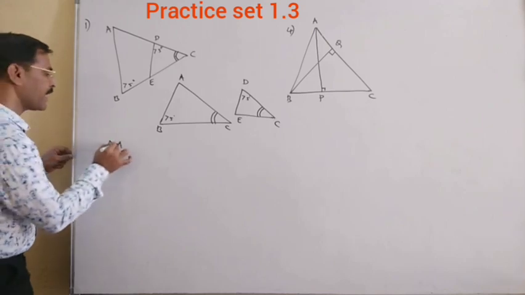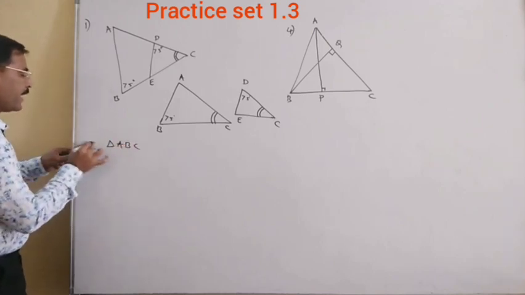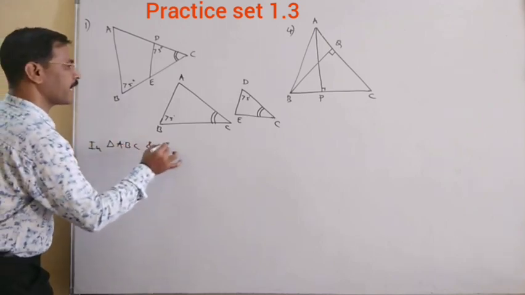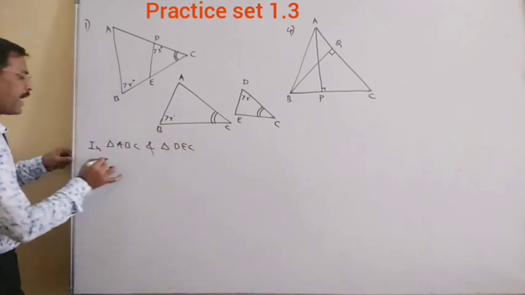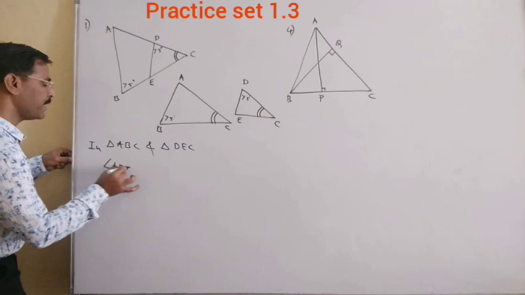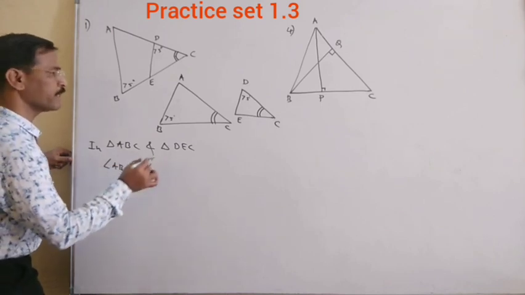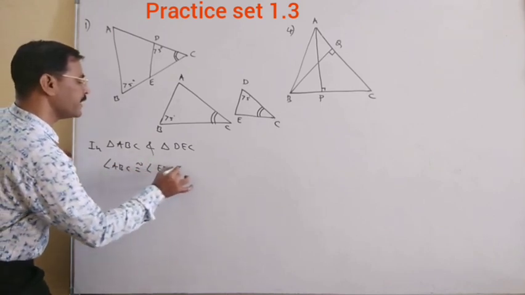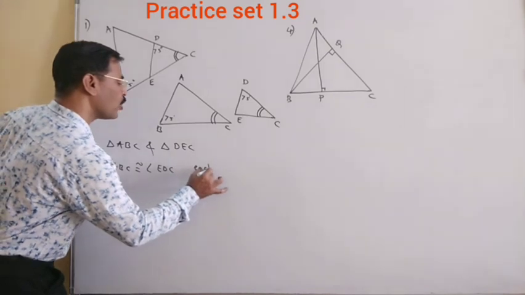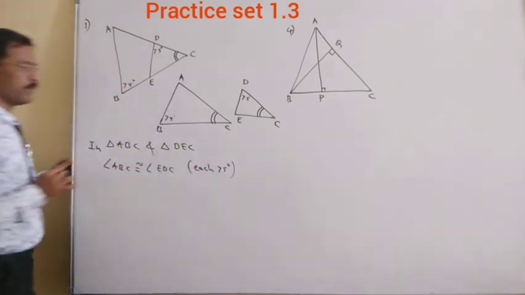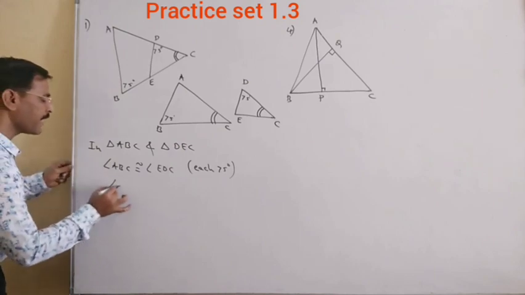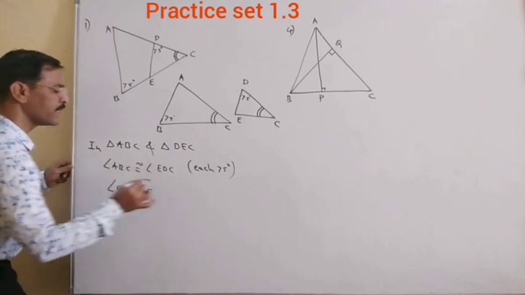See first here. I will write in triangle ABC and triangle DEC. Now look here. Angle ABC is congruent to angle EDC. Why? Because each 75 is given to us. At the same time, angle C is congruent to angle C.